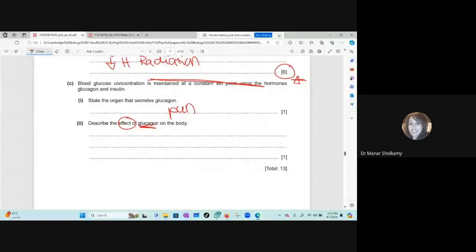What does glucagon do? Increases glucose levels in the blood. Correct. How does it increase the glucose levels? It sends a signal to the liver so it can convert glycogen into glucose. Perfect. Glycogen is converted into glucose.